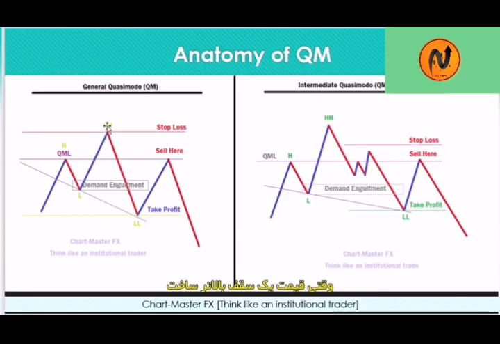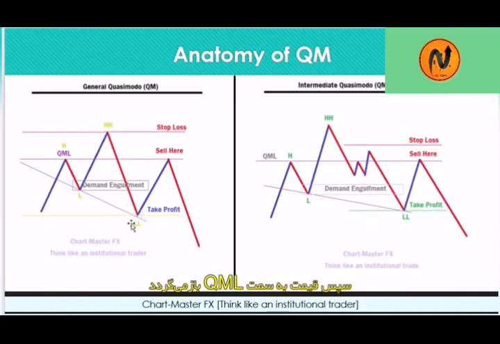Once the price created a higher high, we see that there is a Quasimodo level that is formulated here. Then what happens now is that we wait for the break of this lower low, which means this demand has been engulfed and the market was able to create a lower low.